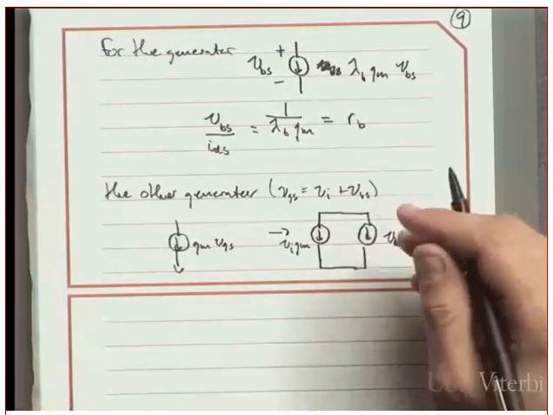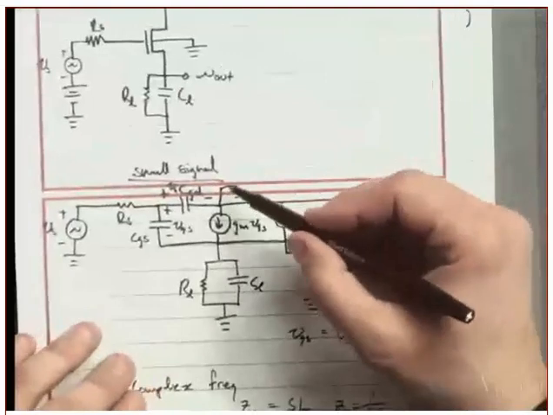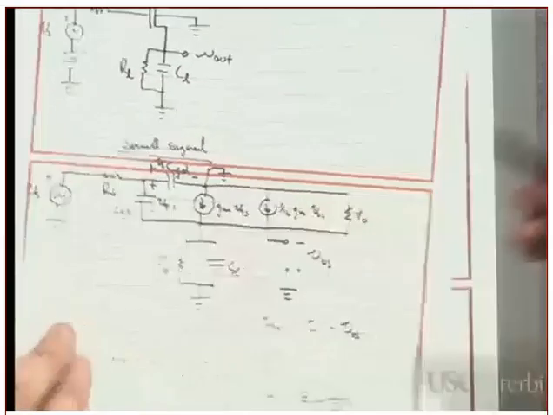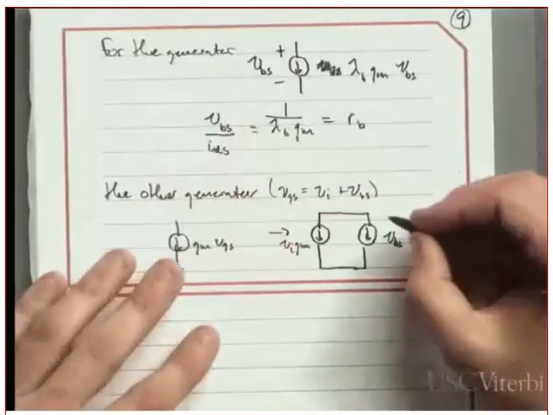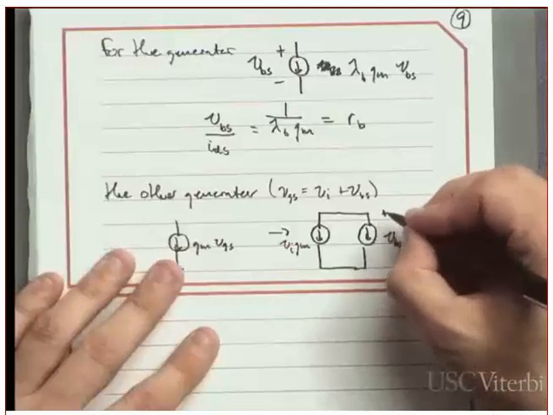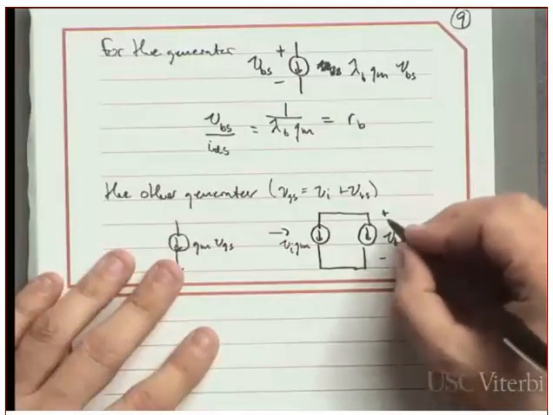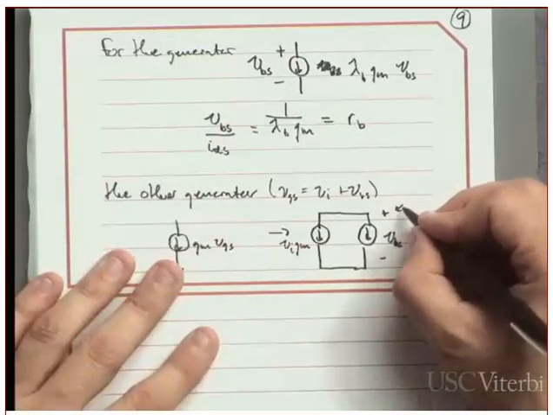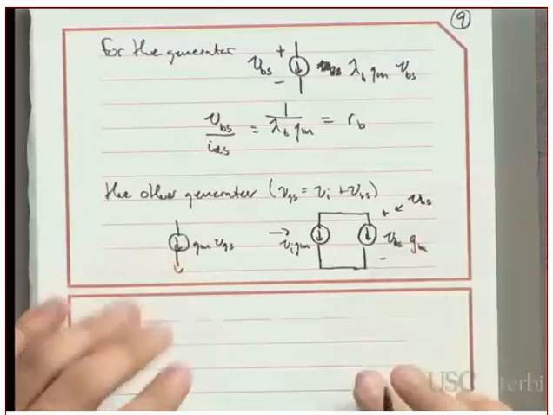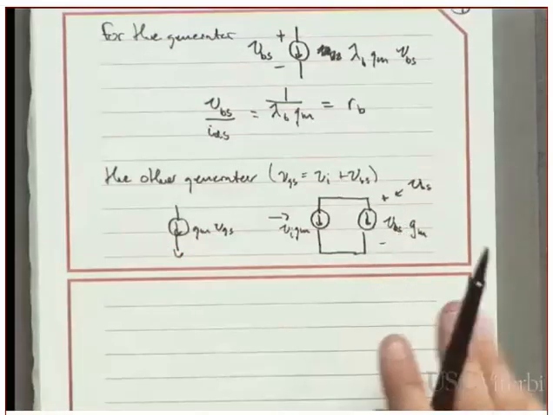And again, where it's hooked up in the circuit, VBS is exactly the voltage across it. So you get another resistor. So that's VBS right there. So this guy becomes just another resistor.